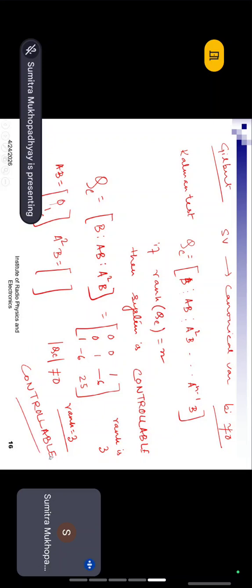Similarly, another problem I am giving to you for identifying the observability. So please take that problem. Observability, already we have identified that we need to observe the state from the output variable.